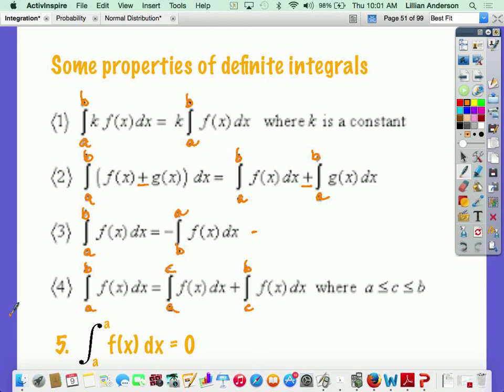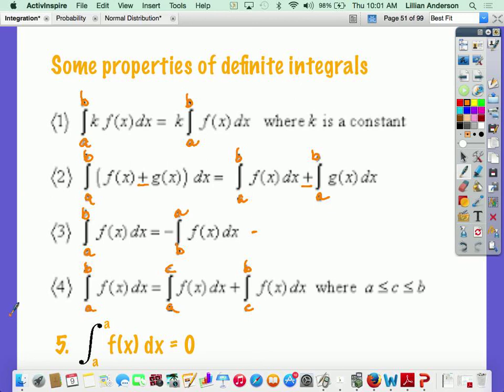Number 2 is like the sum and difference rule from before. If you have two functions that are being added together, it's basically the first function from a to b plus the second function from a to b. So that still applies here. Number 3 is an interesting one, because the integral from a to b of f of x dx is equal to the negative integral from b to a of f of x.